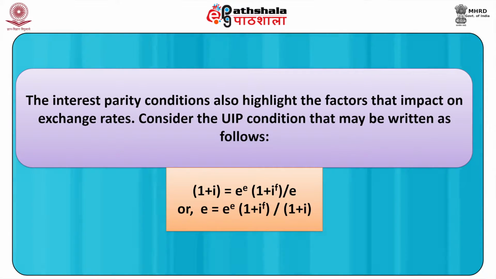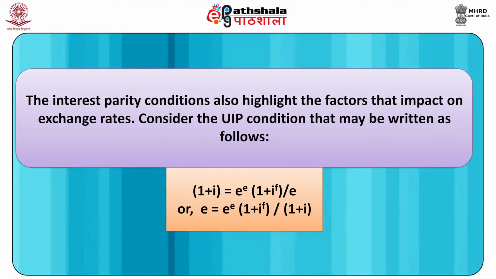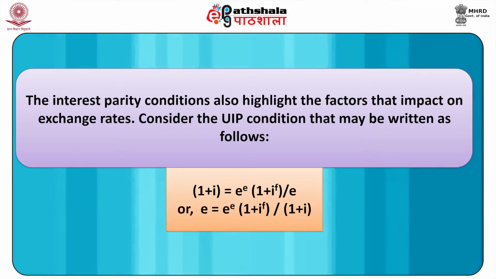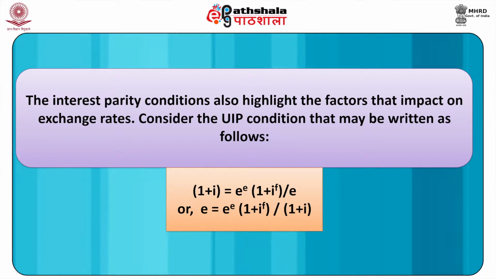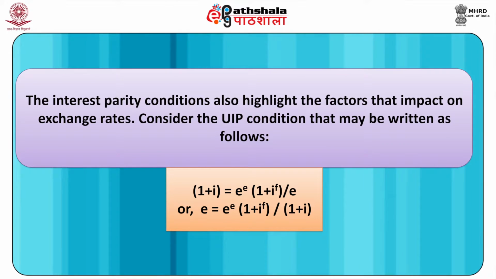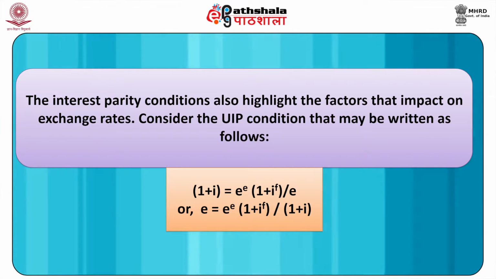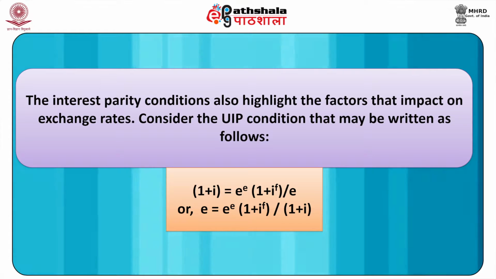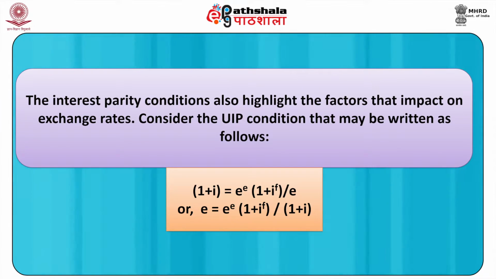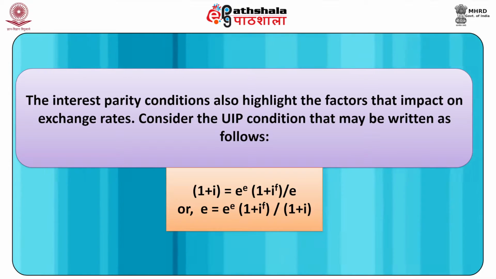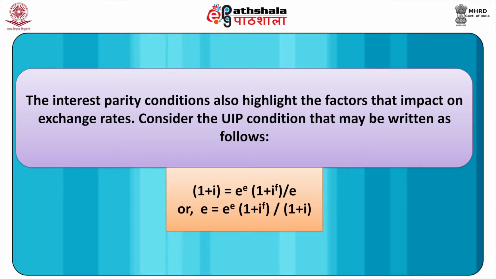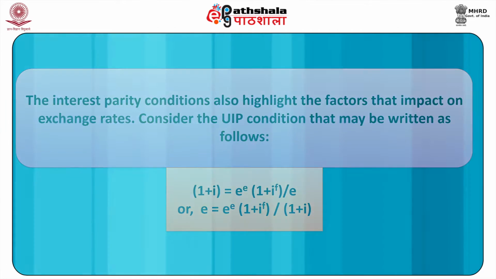Consider the UIP condition that may be written as follows, as shown on your screens: 1 + i = E^e (1 + i^f) / E, or E = E^e (1 + i^f) / (1 + i). This is the third equation.